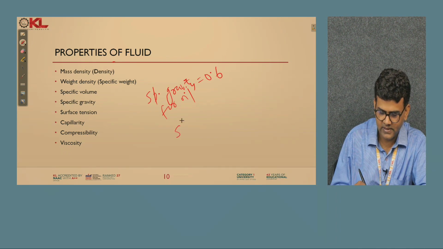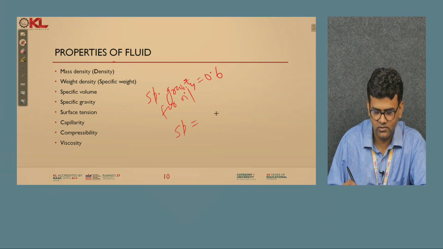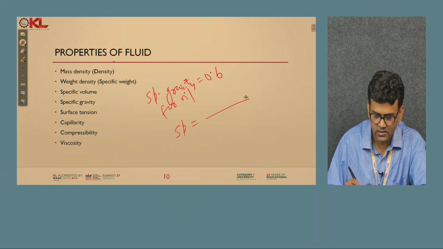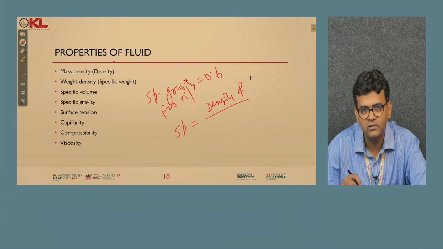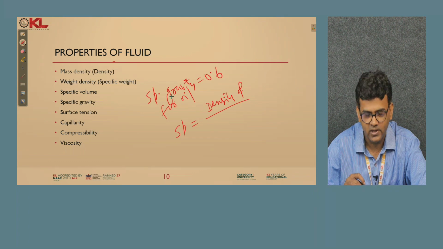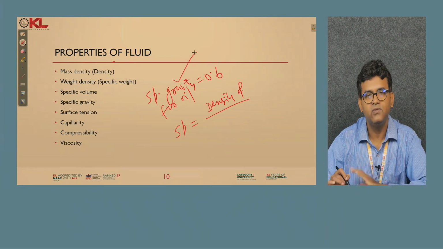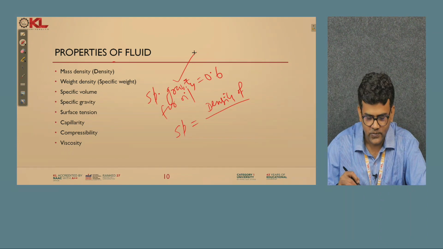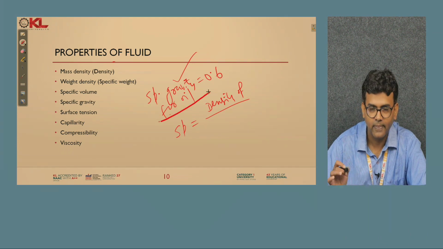Then you know the specific gravity is equal to the ratio of the density of the oil to the density of water. Here you have to find out the density of that oil. So the specific gravity is given as 0.6 for that oil.